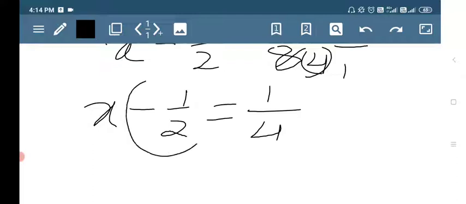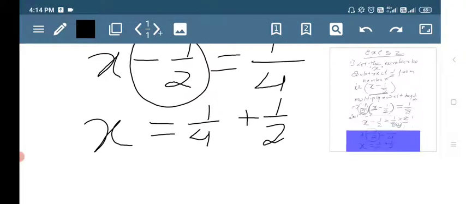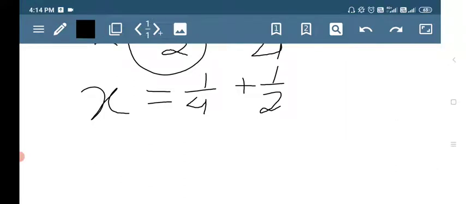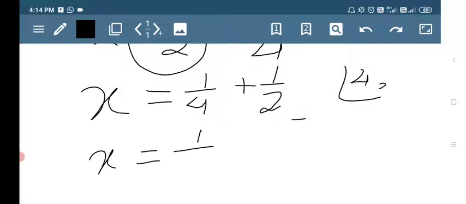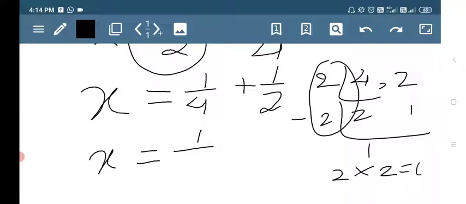If you send minus 1 by 2 to the RHS, x is equal to 1 by 4 plus 1 by 2. Can we add this directly? No, we have to take the LCM. What is the LCM of these two? 4 comma 2: 2 2s are 4.